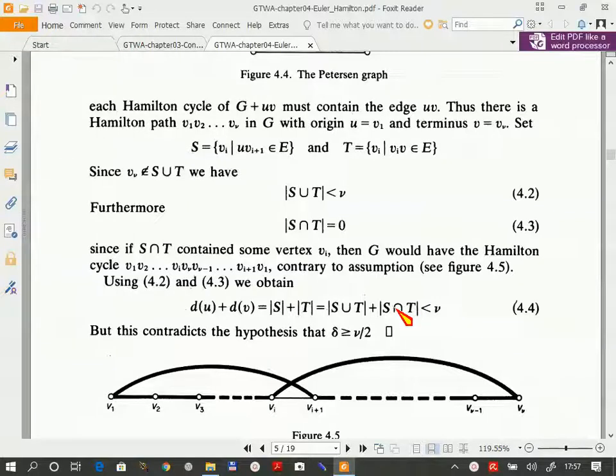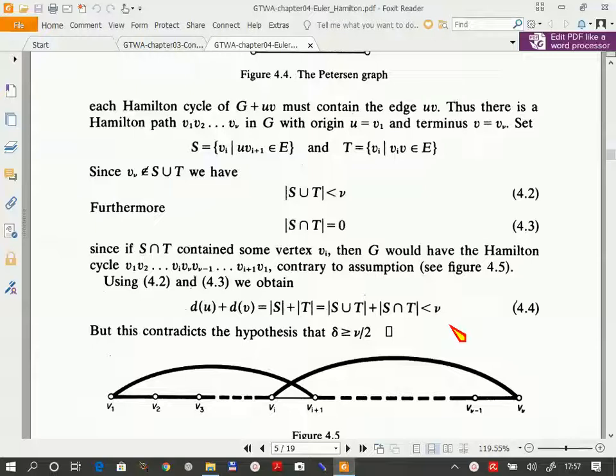The number of elements in the intersection, I've just shown that it's 0, and before we have seen that V is not belonging to the union, so this is strictly less than ni, and so it's impossible that small delta is greater than or equal to ni divided by 2.